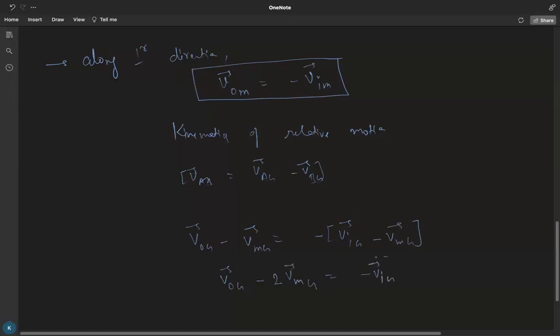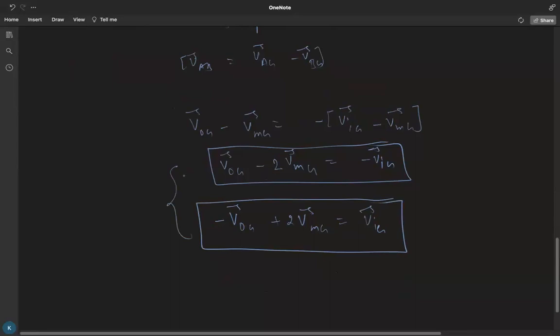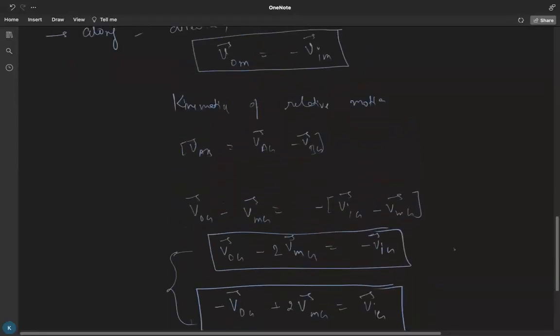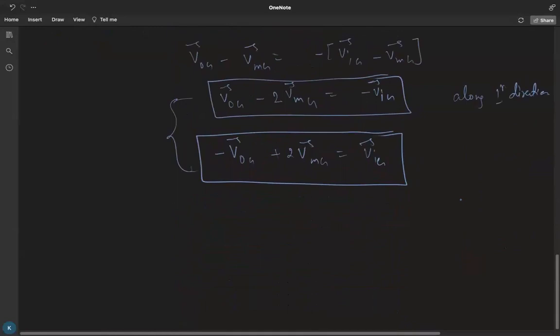So these are the two relations we derive, and this is along the perpendicular direction, right? I hope it is clear to all of you.